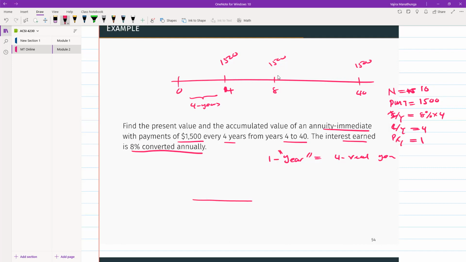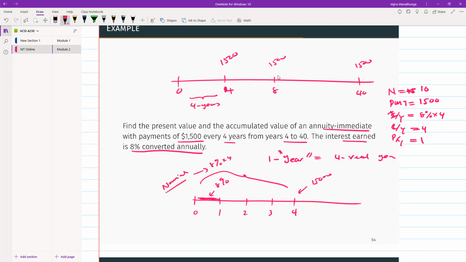So what that means, basically, you are thinking like this: 0, 1, 2, 3, 4. Here you get the first payment. For each time period, your rate is 8%. Then the nominal rate for this entire time period is 8% times 4. Nominal, not effective. That's why I put 8% times 4.